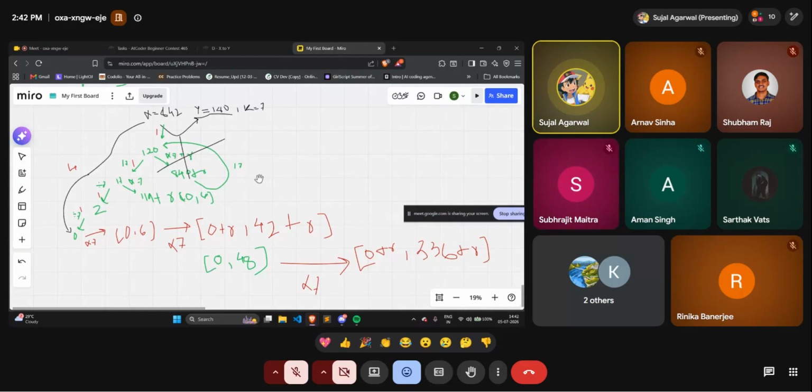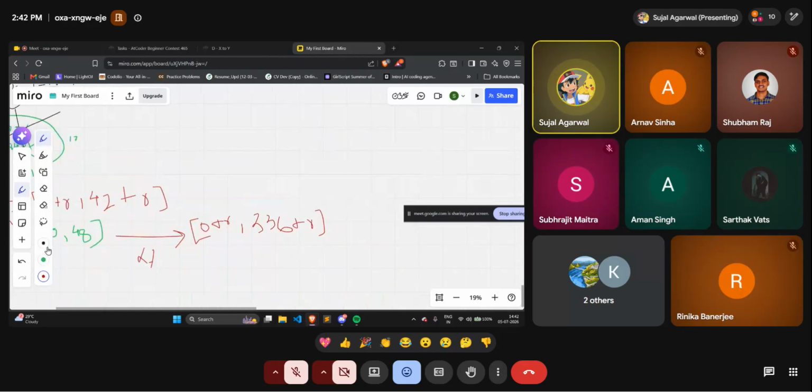Okay. Now, the maximum and minimum value for this range would turn out to be when r is 0 for this, so this would be a 0. And when we put a 6 over here, this would turn out to be 342. So we can see our capital Y in the question was given to be 180.